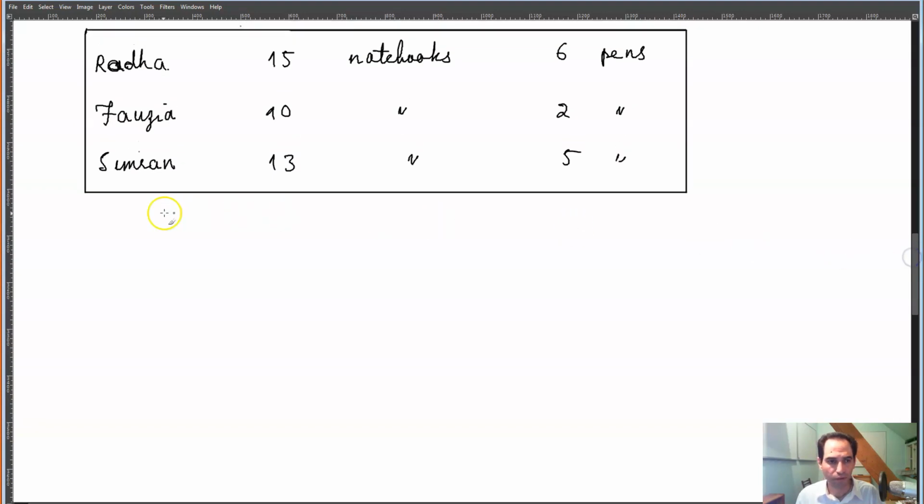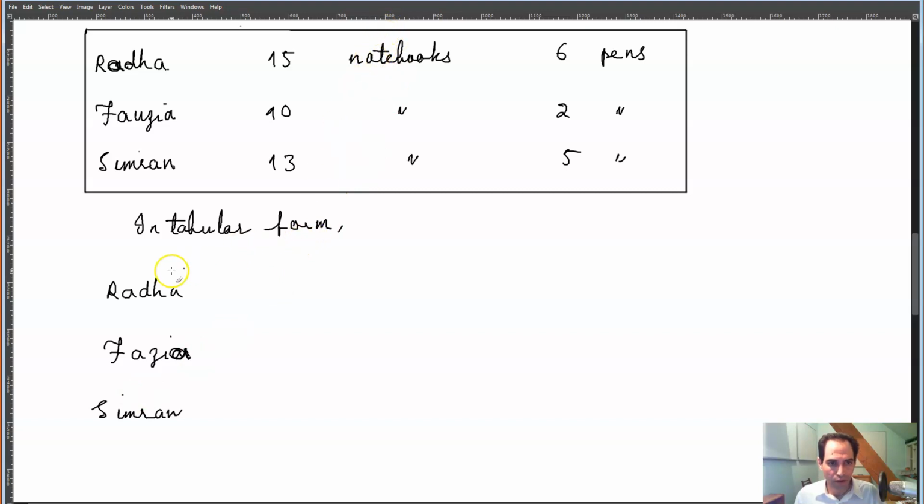But for the same information in tabular form, you can arrange the names along the rows, meaning you can write them as they are: Radha, for example, and Fazia, and Simran.